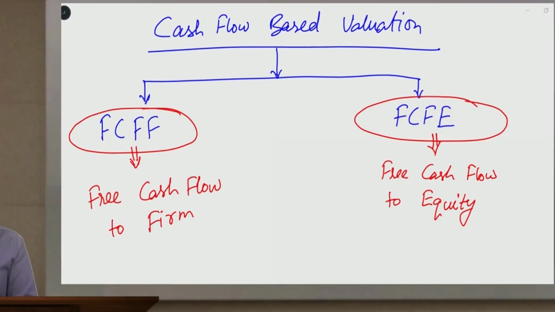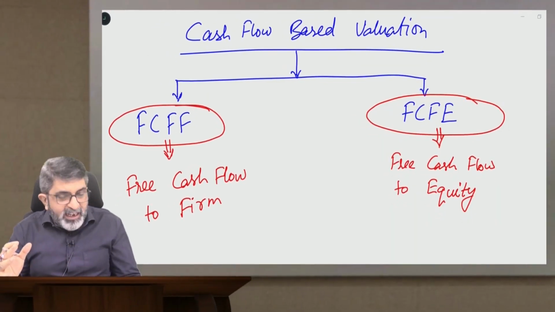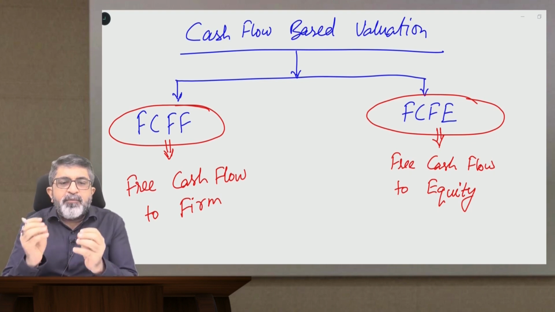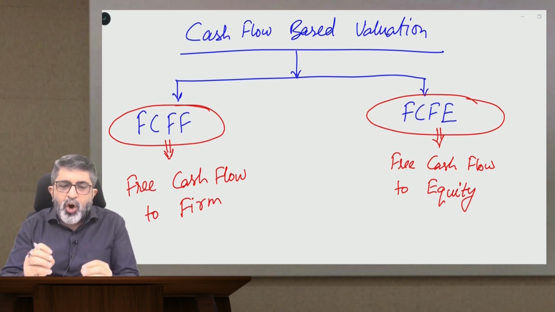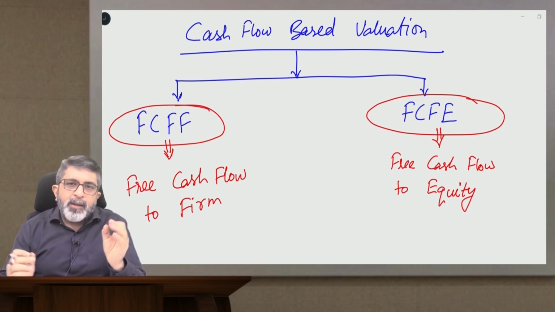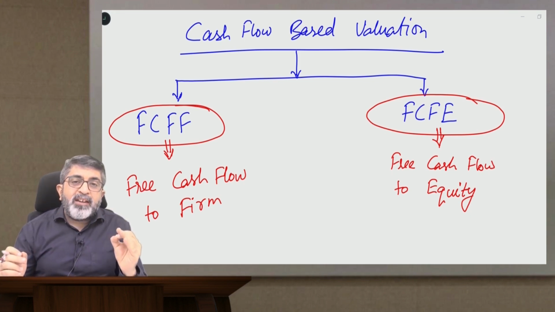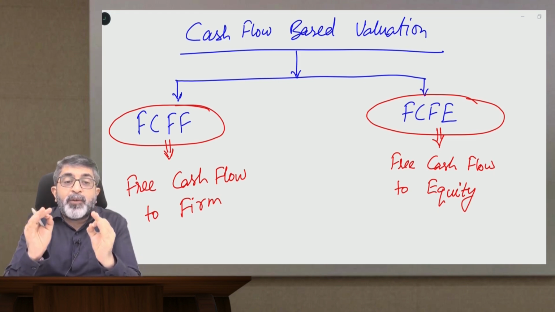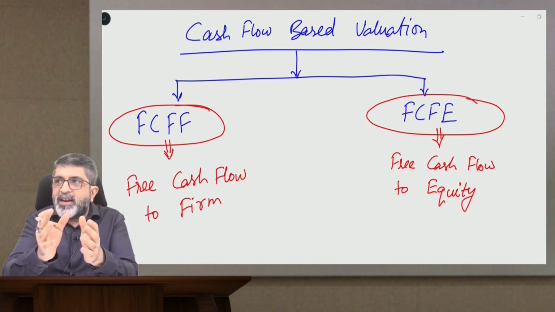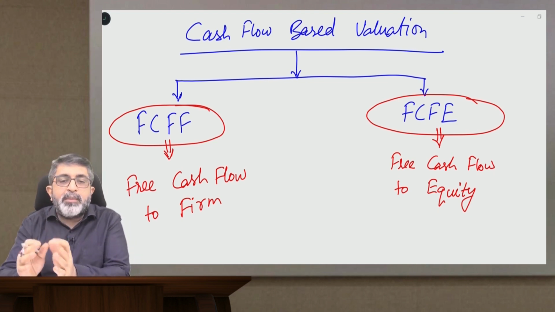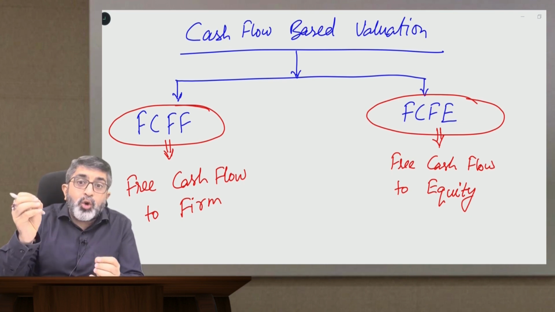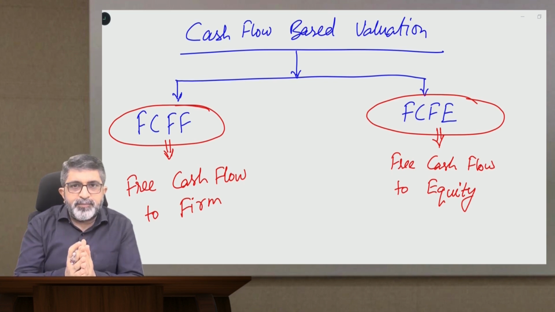First of all, what do we exactly mean by free cash flow to firm and free cash flow to equity, and why are we focusing on this term free cash flow? The term free cash flow indicates cash flow which is freely available to the firm, or you can say cash flow which is freely available to the equity or to the owners of the company, the equity stockholders.